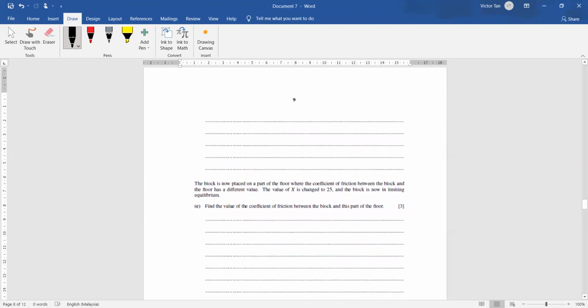Okay, that means your friction is equal to X cos 30.